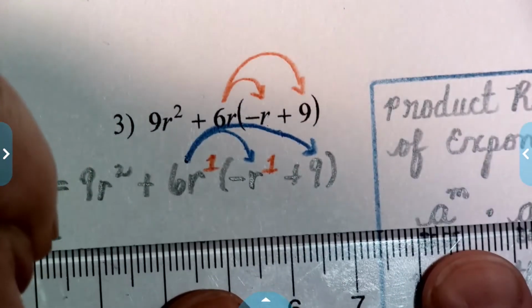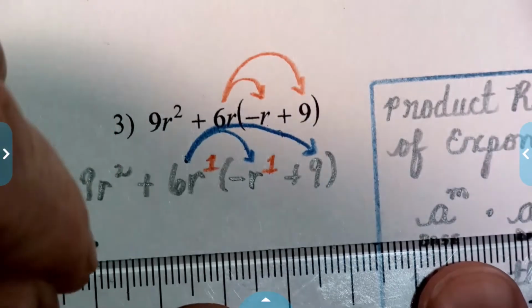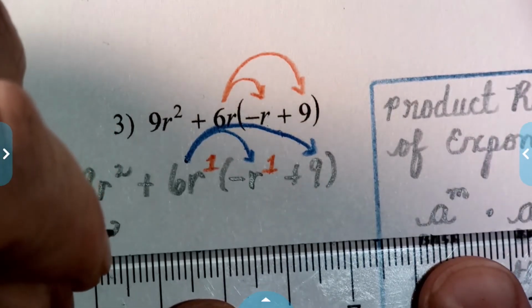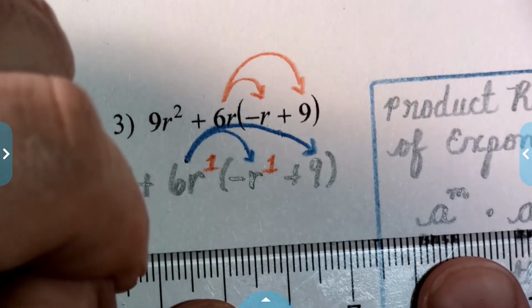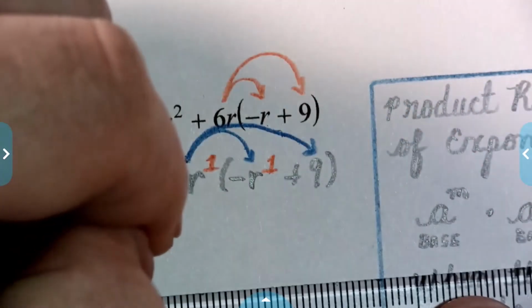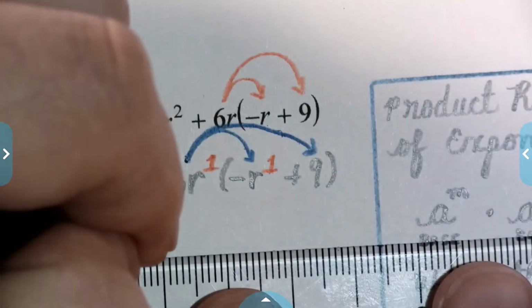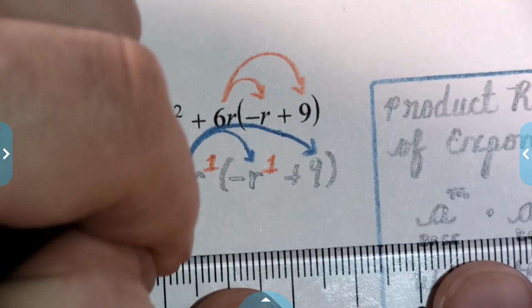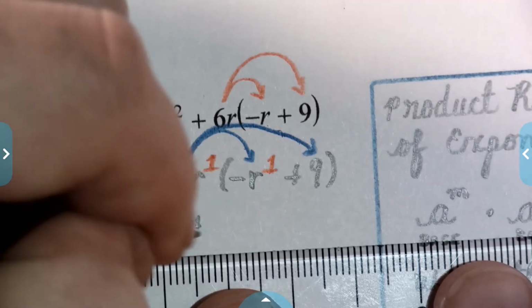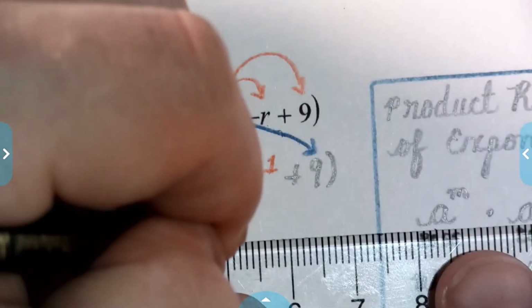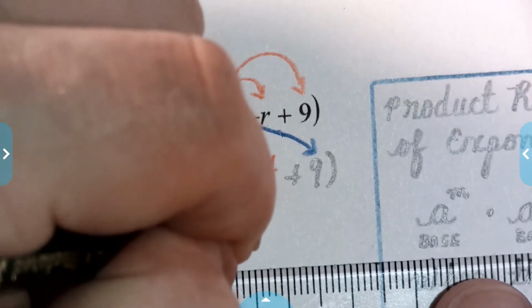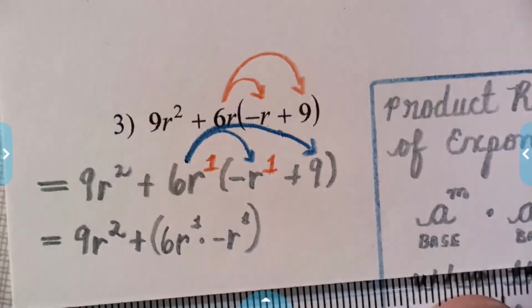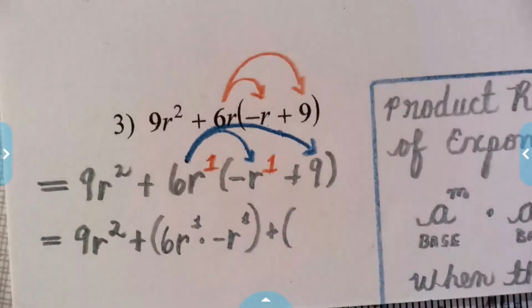We have the 9r squared still hanging out by itself. Plus, and now I've got, let's put in parentheses here, 6r to the first power times negative r to the first power plus, and here because the 9 doesn't have any like r's, you can just write 6r times 9. 6r times 9.